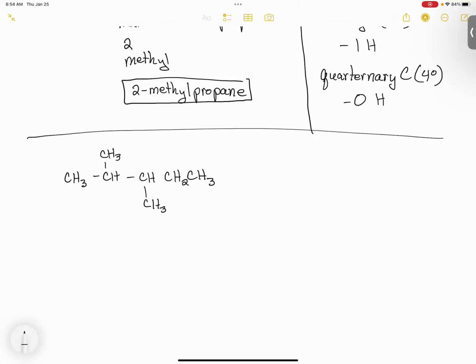And this gets attached to the name of the substituent. So I want to give you a moment and just start working through the 4 steps.